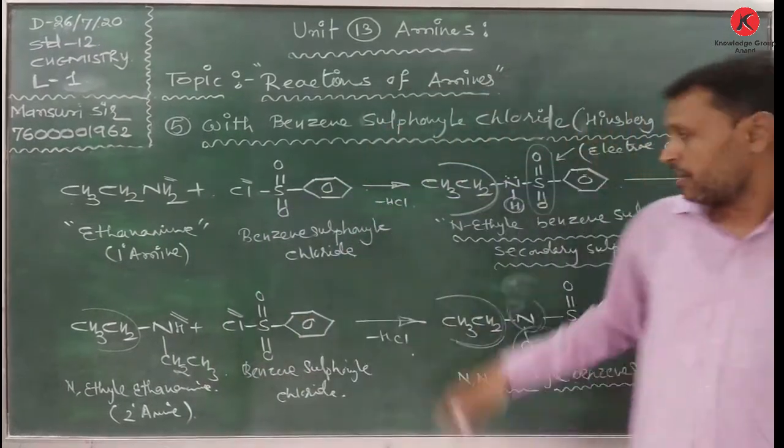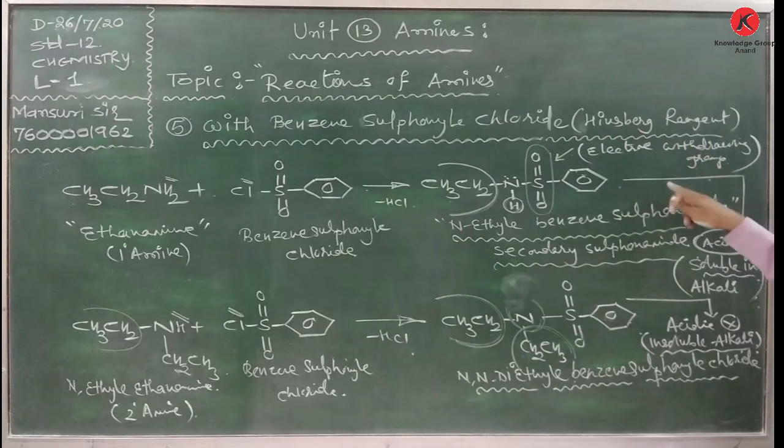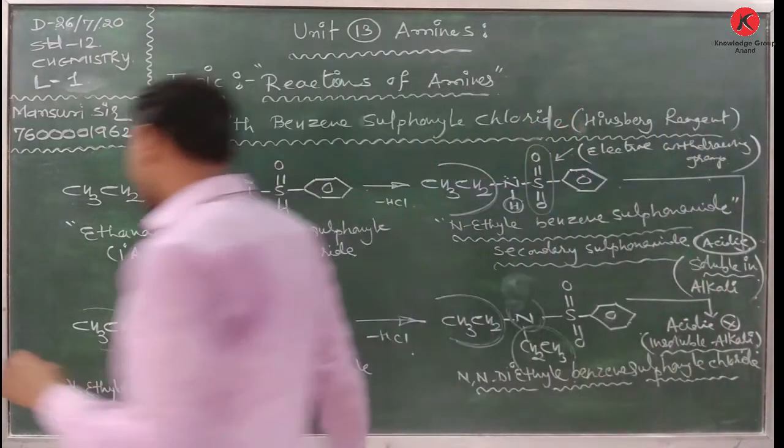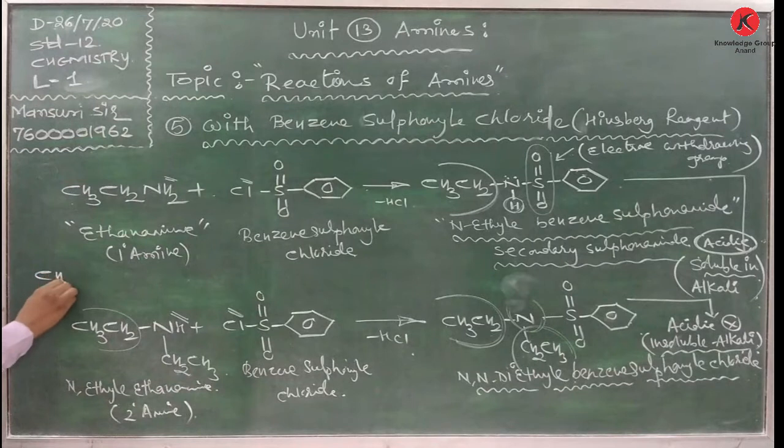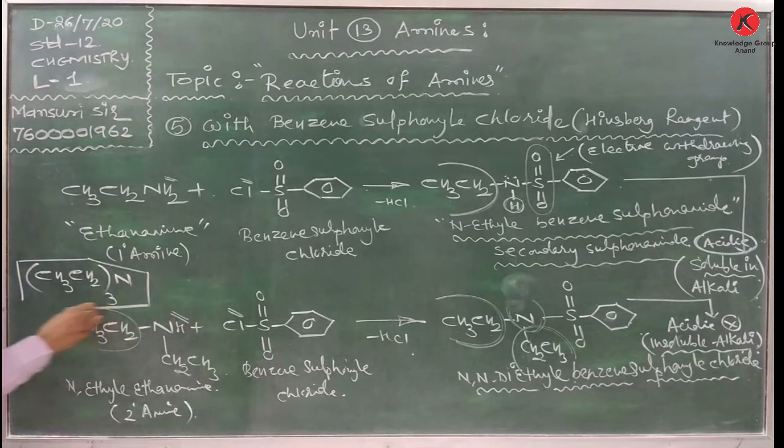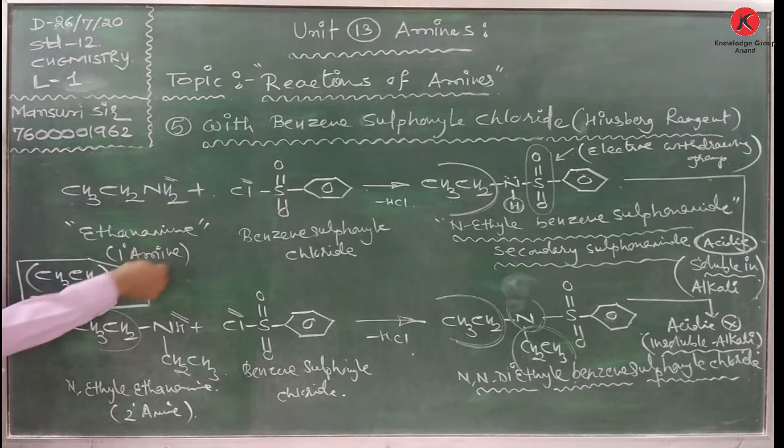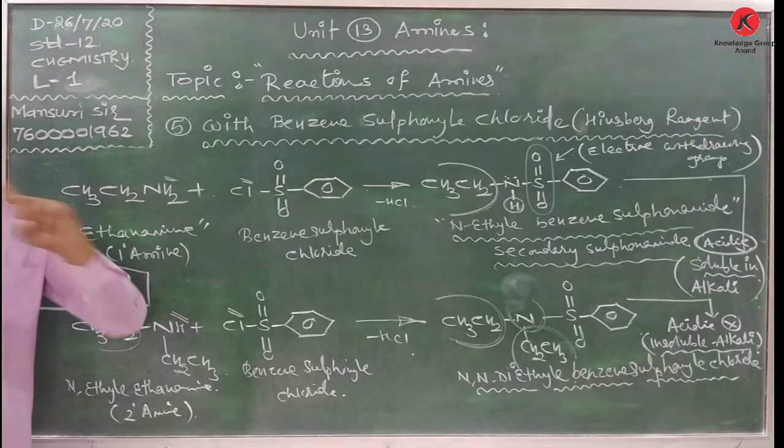So, secondary sulfonamide is soluble in alkali, tertiary sulfonamide is not soluble in alkali. But when we take the reaction of tertiary amine, when tertiary amine reacts with benzene sulfonyl chloride, no product will be produced.